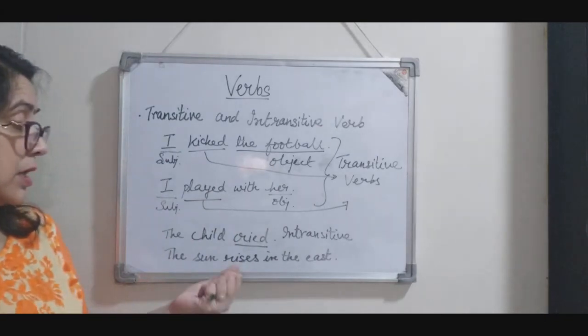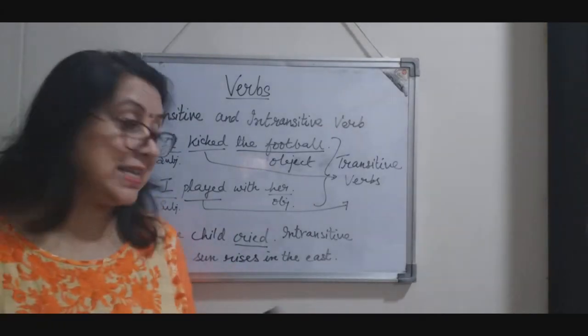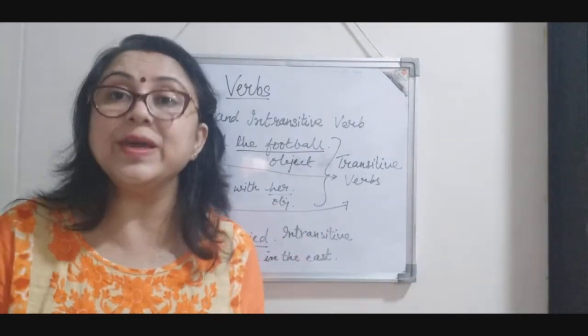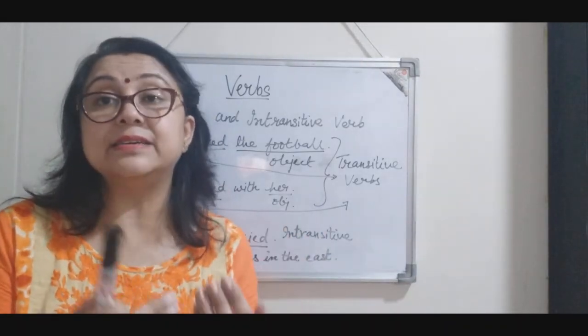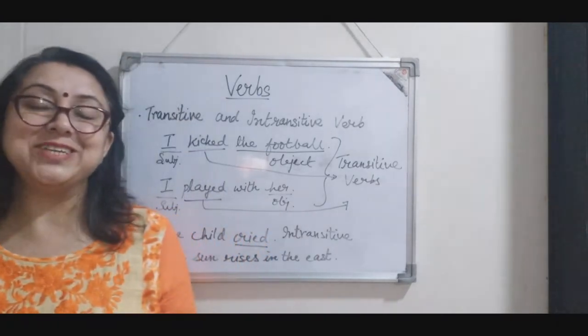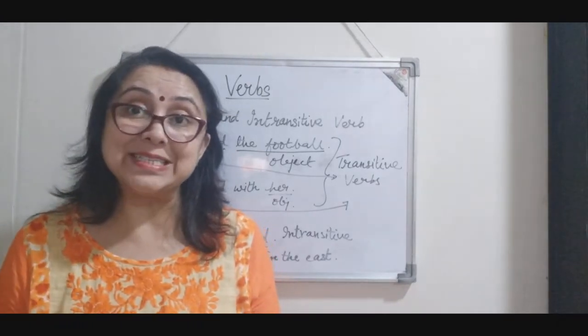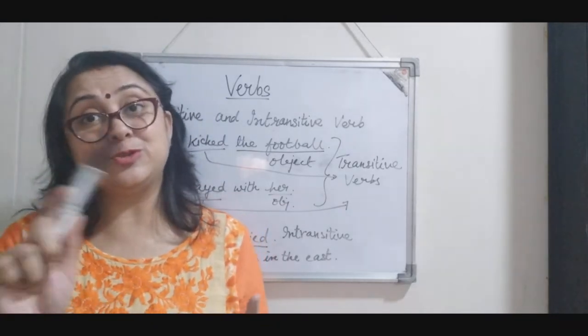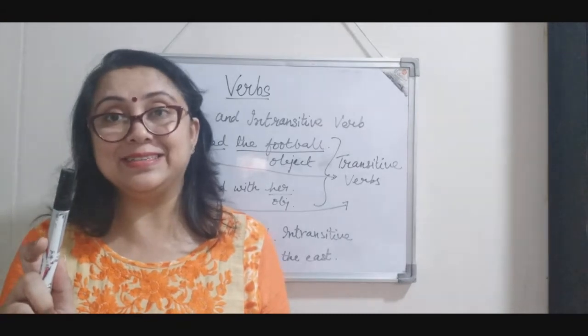So now, when do we get an answer? The sun rises where? Then we will get the answer, in the east. But for finding out the object, we use only two question words, that is what and whom. We do not consider where, isn't it?